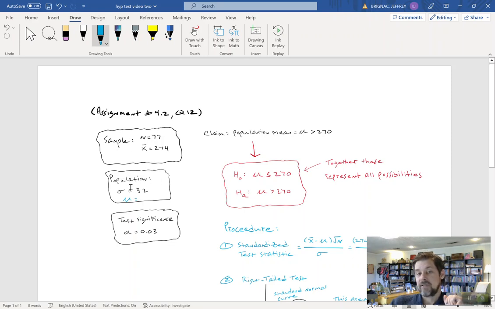Remember, the sample comes from the population in order to study it. It doesn't say, but it's okay. We don't really need it to be explicitly told to us. The test significance is 0.03. And then the claim that was made is that the population mean is more than 270.